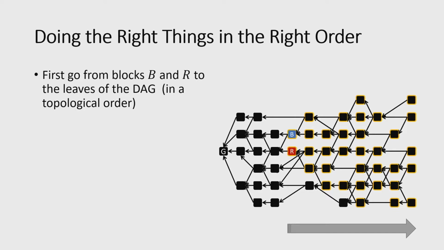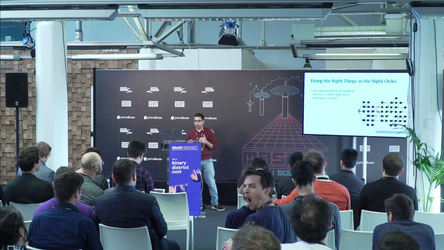So if you want to figure out the order of the blue and red blocks in this example, first we start with the red and blue blocks, and we go from those blocks in topological order towards the leaves, towards the newest blocks. In this case, we have all the information that we need ready just in time.